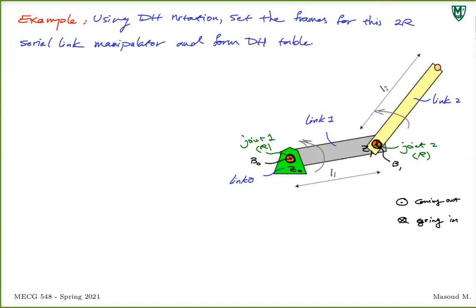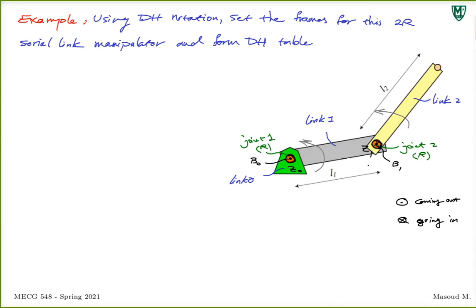A lot of the rules for DH notation require some information about the frame before, mainly Zi minus 1. So we always start from frame 1, not the base. After we set up where the frames should be and what the Z axes are, we start from frame 1.